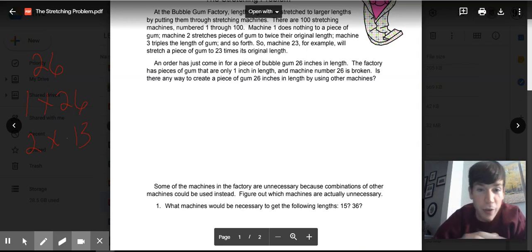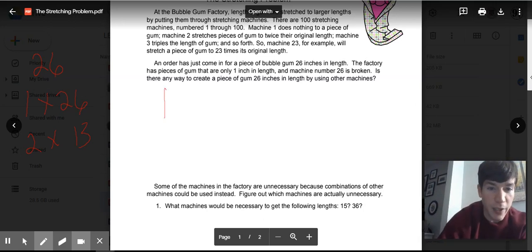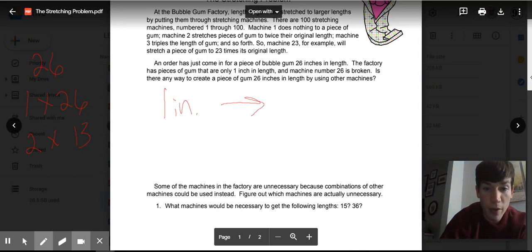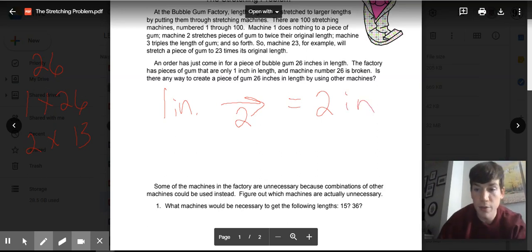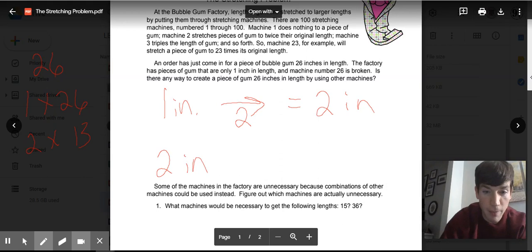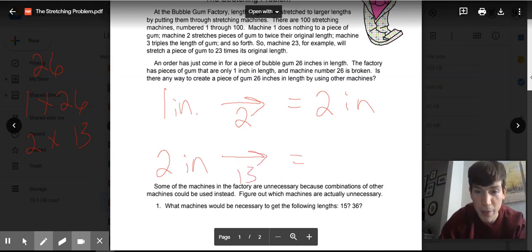Well, one thing I could do is I could take this 1-inch piece of gum and I could make it go through machine 2, which would give me 2 inches. And then I could make this 2-inch piece of gum go through machine 13, which would give me a 26-inch piece of gum.